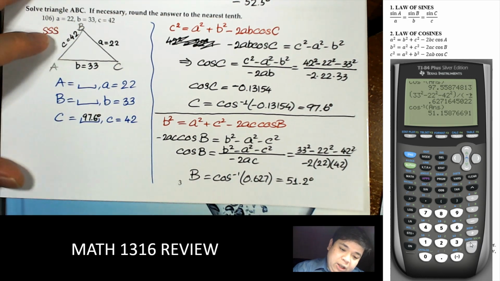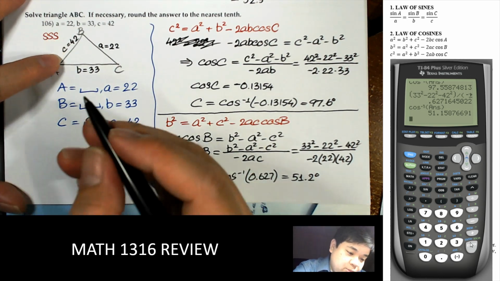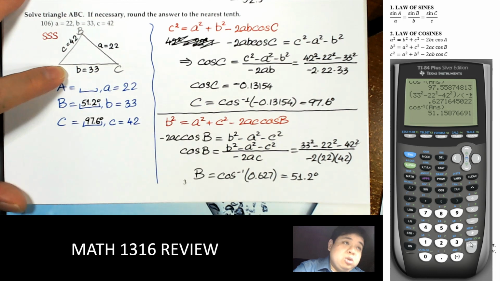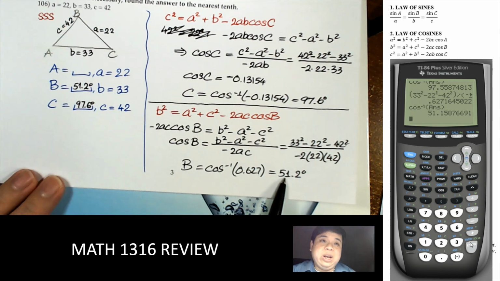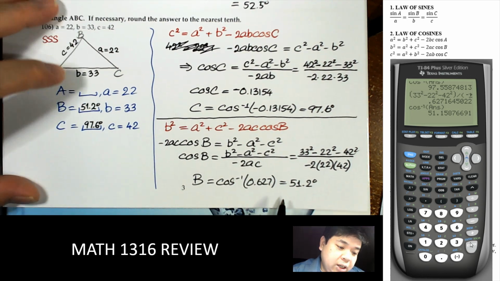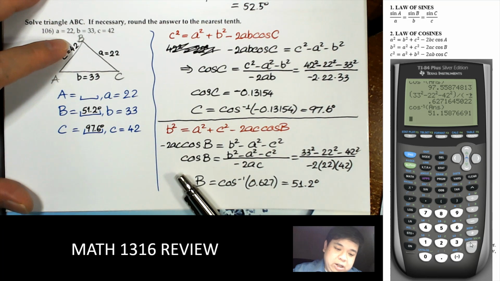Again, when we use the law of cosine to find an angle, what we have is just that. So we will not have any other case because we cannot have the negative or the opposite of that angle. Right, and then subtract from 180, we have angle A. That should be easy.